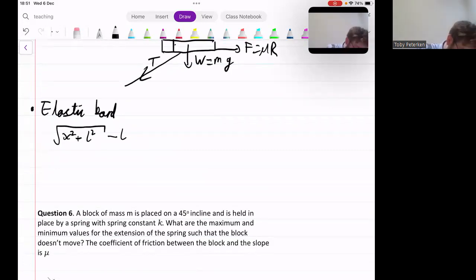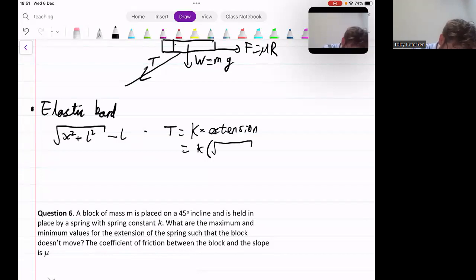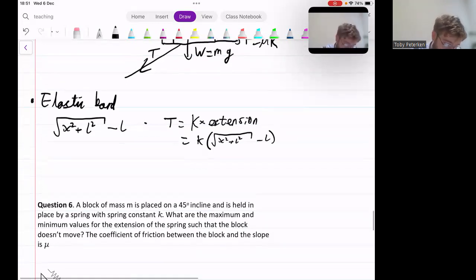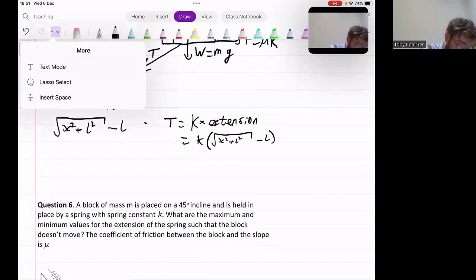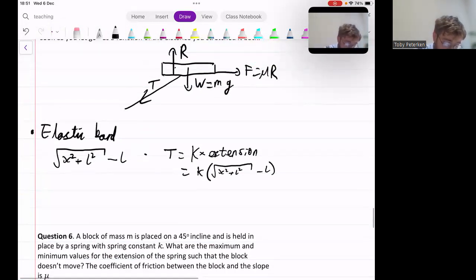And the tension in this is equal to K times the extension, which is equal to K times the square root of x squared plus L squared, take away L. Now this is acting both forwards and down.